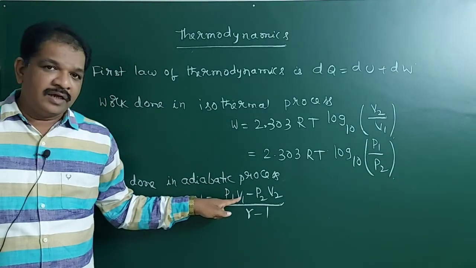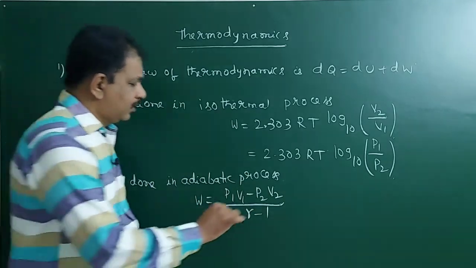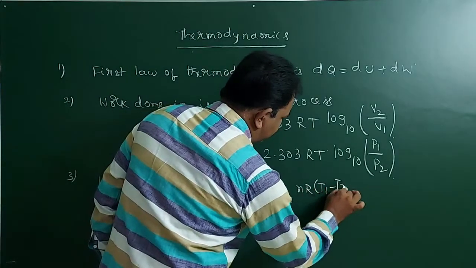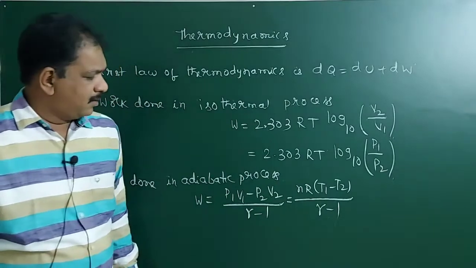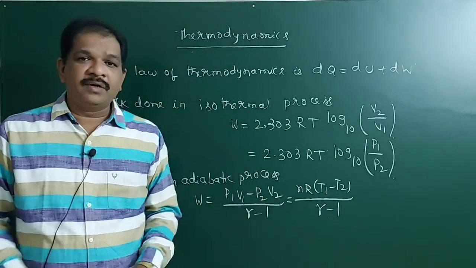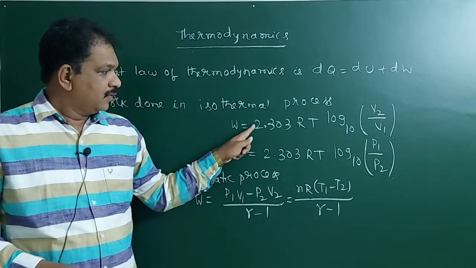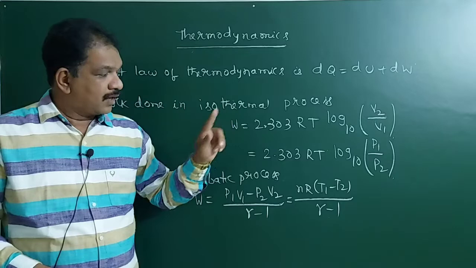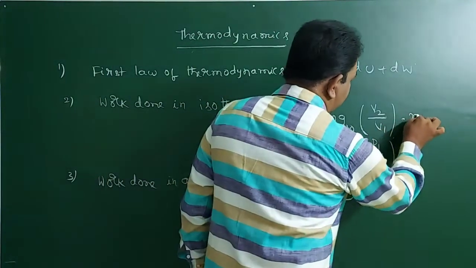This value is nRT1, this is nRT2. Taking nR common, it is nR into T1 minus T2 by gamma minus 1, where gamma is the ratio of specific heats. This is work done for 1 mole of the gas. Work done for n moles, if they give, you multiply with n.